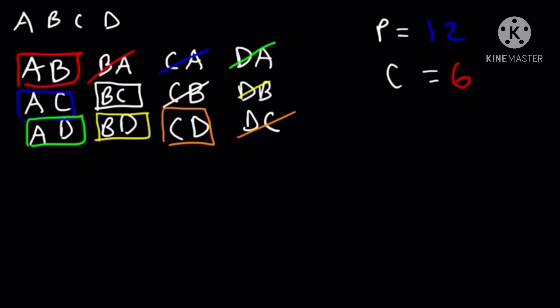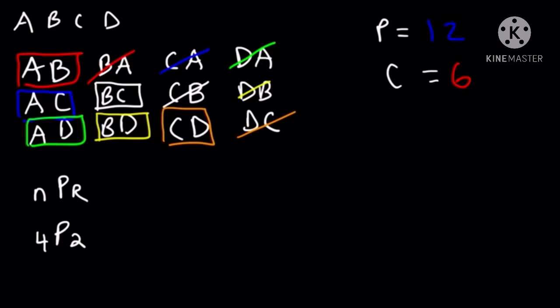Now, how can we calculate these answers? Is there an easy way in which we can find the value as opposed to making a list of different possibilities? The first equation you need to know is nPr. This helps you calculate the permutations. Now, we have 4 letters and we're choosing 2, so it's going to be 4P2.